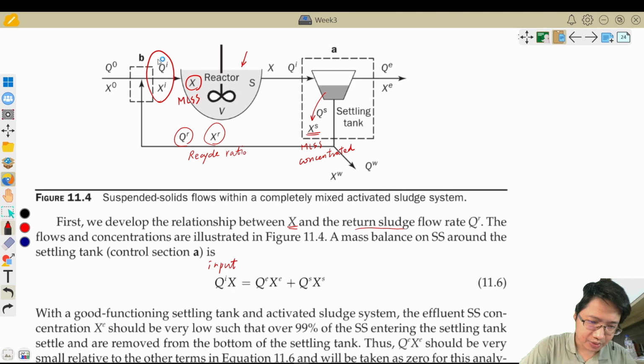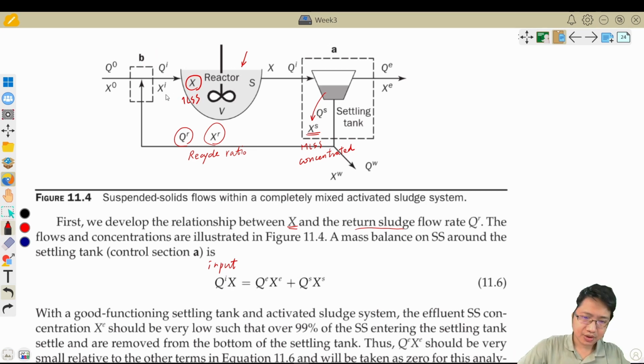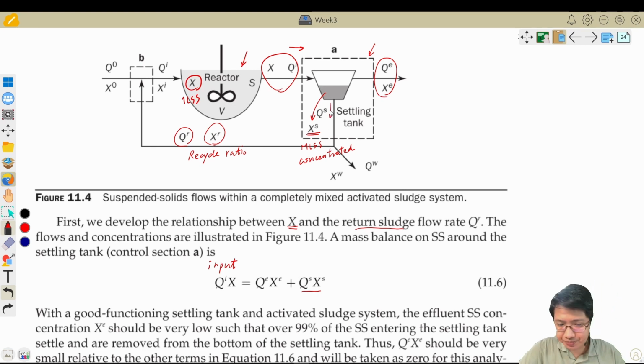The input will be equal to the output, which is QE, the effluent flow rate, times your XE, the effluent biomass concentration, plus the sludge recycling flow, QS times your XS.